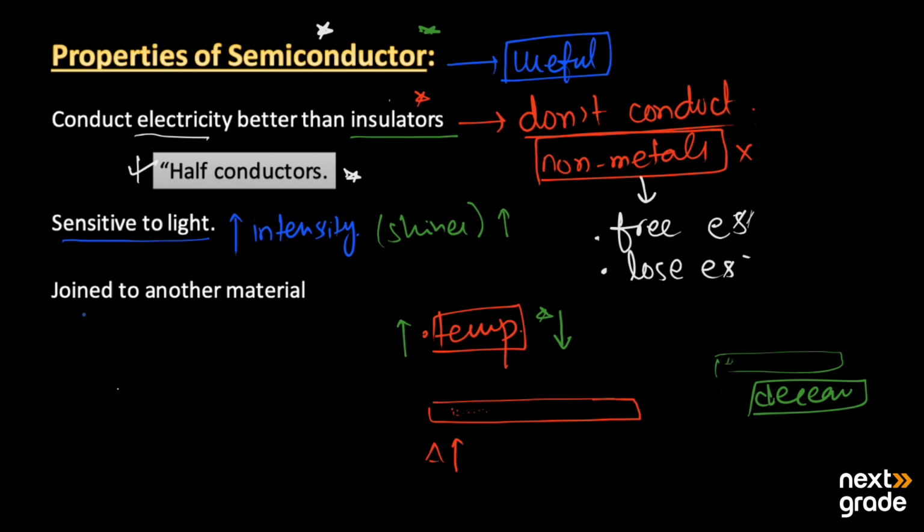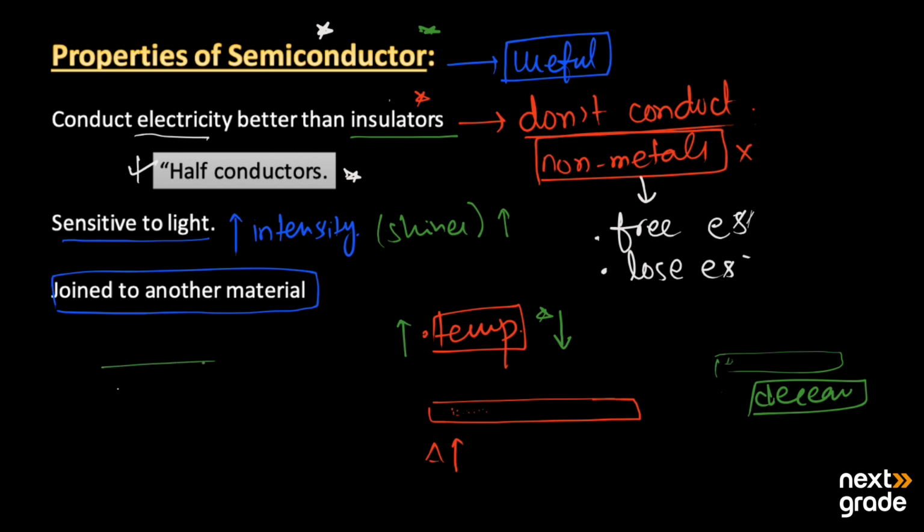Now the last one: they can be joined to another material. The electrons of the semiconductor itself do not carry electric current readily.